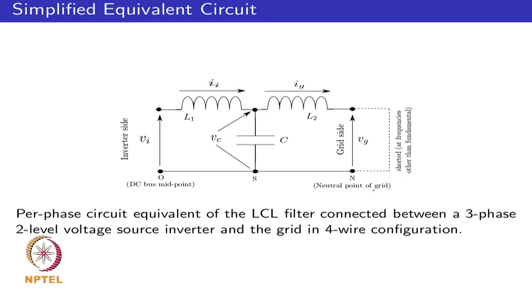On the grid side, you essentially have the grid voltage Vg, which at frequencies other than the fundamental can be considered a short circuit, and whatever stray inductance impedances are there in the grid can be accommodated along with L2. So, the grid side can be considered a short circuit for looking at frequencies other than the fundamental frequency. So with this simplified single phase equivalent circuit, one could go about analyzing the LCL filter.